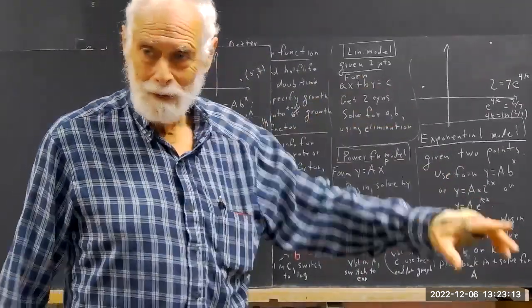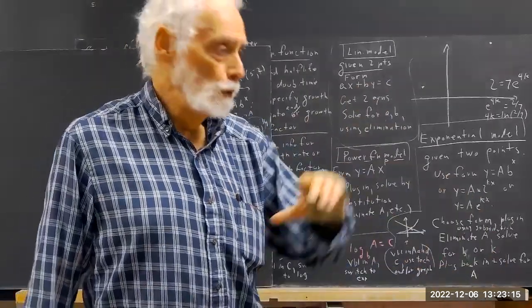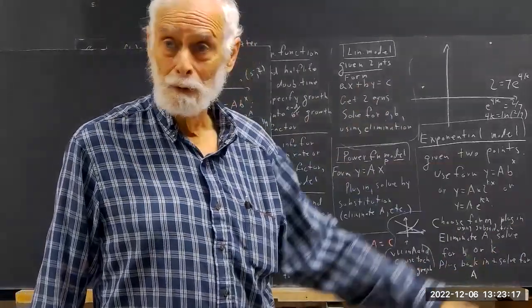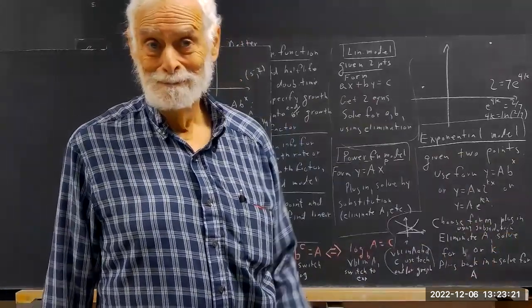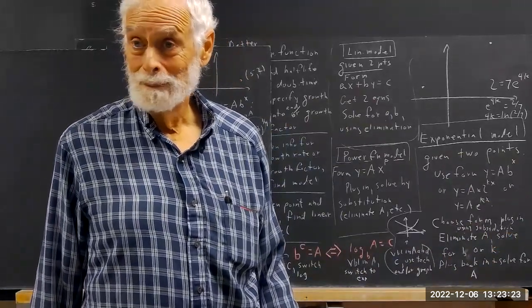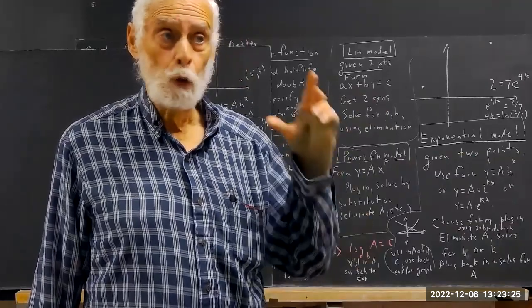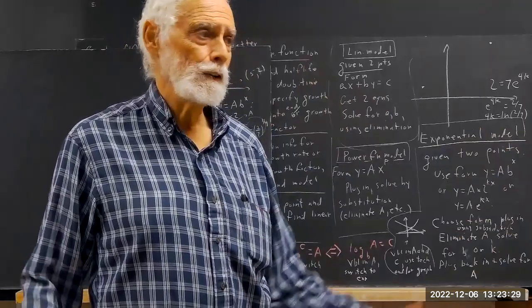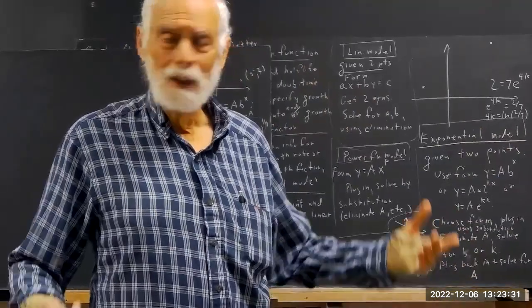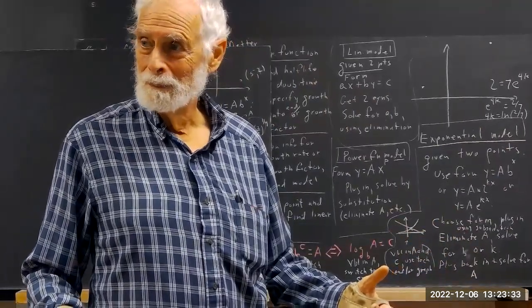Now, I commented in the last class, and I'll comment now, that in dual enrollment classes even the top students will typically do a linear model if they're given 2 points, even though it says do an exponential model. They don't know what exponential means. How do you get out of a pre-calculus class not knowing what exponential means?